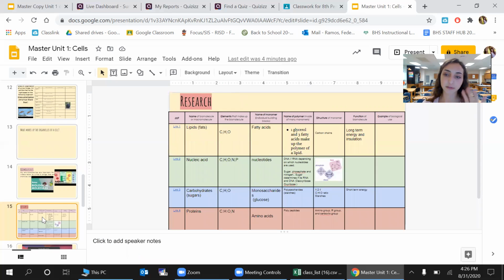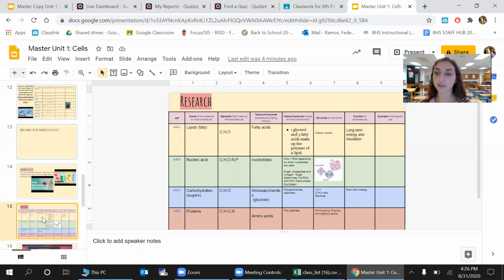The 4 biomolecules are going to be protein, carbohydrates, nucleic acids, and lipids. So let's start with lipids. Lipids, also known as fats, are comprised of carbon, hydrogen, and oxygen from the periodic table.